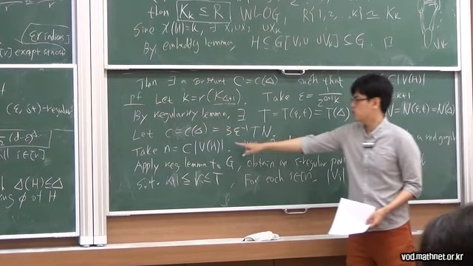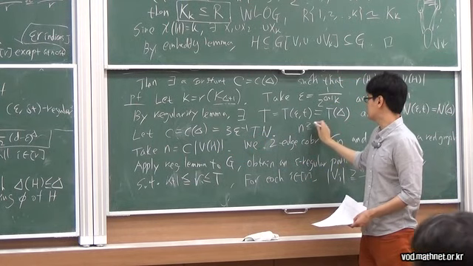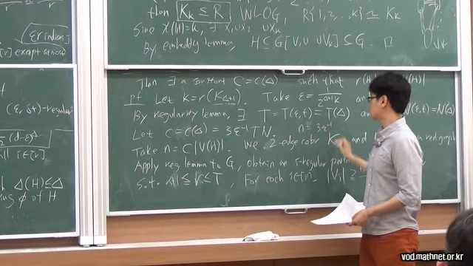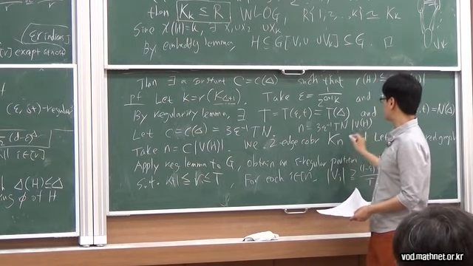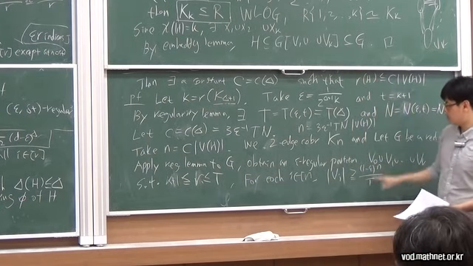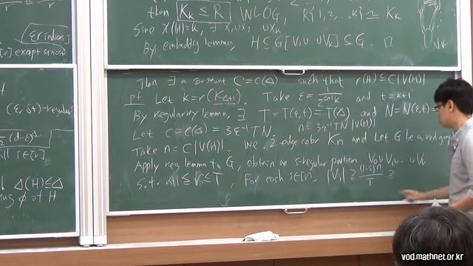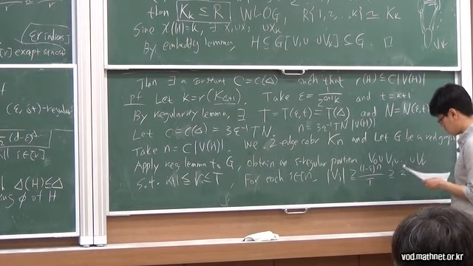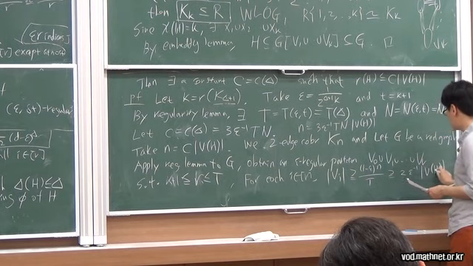And what do we know? We know that n is at least 3 epsilon to the negative 1 times T times the size of V(H). So even if we divide by T, and multiply by 1 over epsilon, this is at least twice epsilon to the negative 1 times the size of V(H).